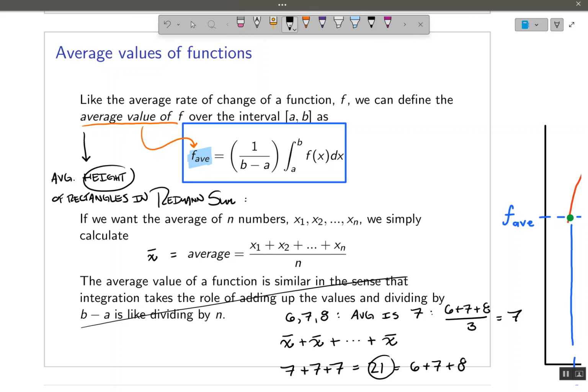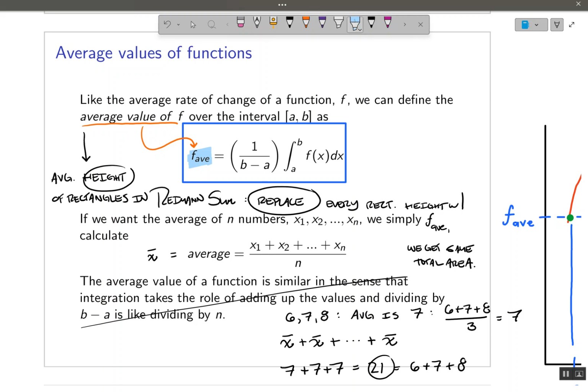What that means is if we were to replace every rectangle's height with this number, f average, I guess we're doing lowercase there, we get the same sum, right? We get the same total area. That's the big idea.